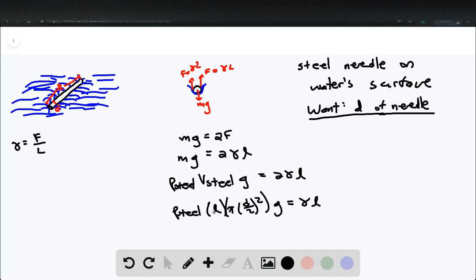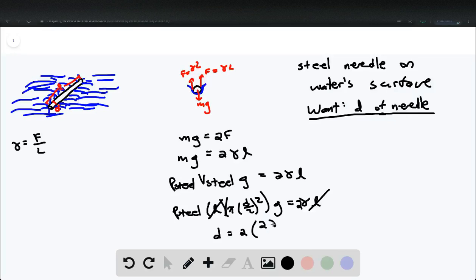And we can cancel out the length on both sides of the equation, which is good because that's not a given quantity. And then we can basically just flip this equation around and solve for d. So we have, I forgot to write d from this line here.